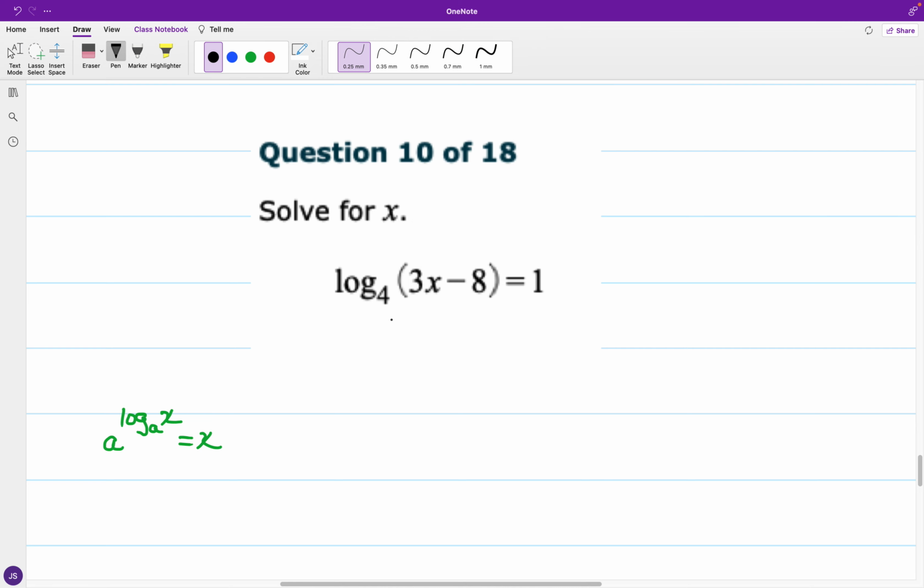If you notice in the setup, the logarithmic base is going to be 4, and both sides of the equation can be treated as powers to which the exponential base 4 will be raised.